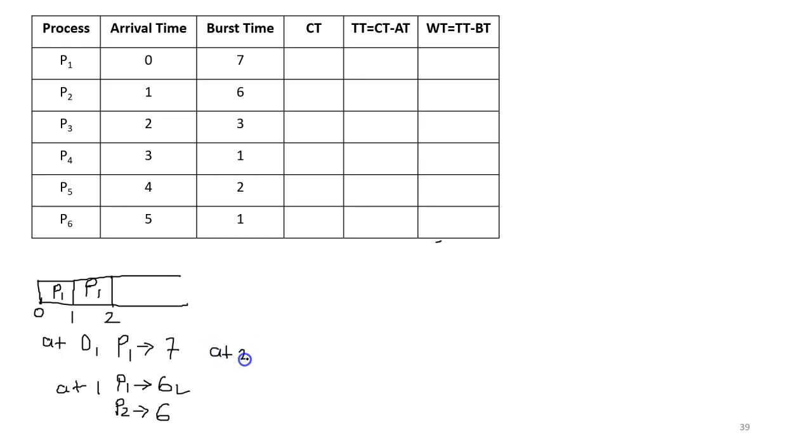Means at 2 there is process P1 which requires 5 units to complete, that is remaining time, P2 process requires 6 units to complete and new process P3 requires 3 units to complete.